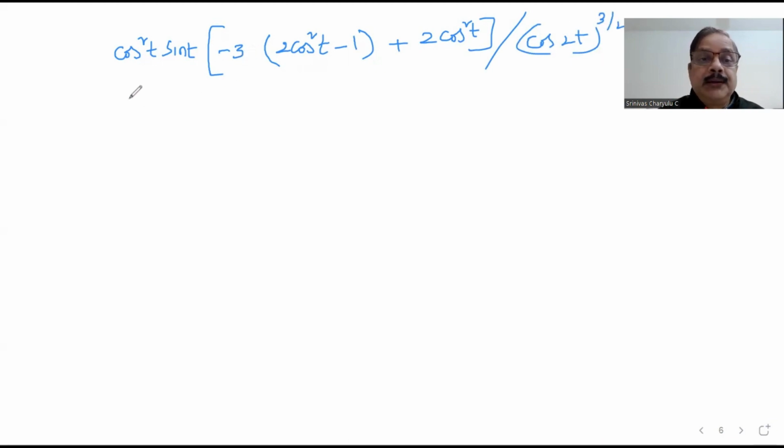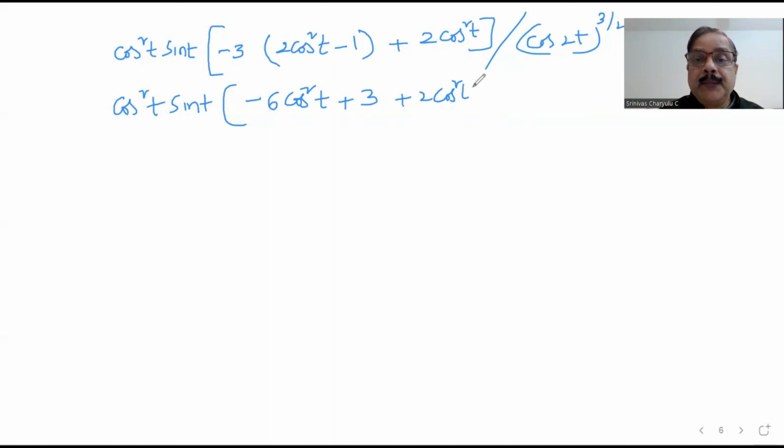So then what we do? We repeat same step, but we multiply with minus sign. Minus 6 cos square t plus 3 plus 2 cos square t, whole thing divided by cos 2t whole to the power of 3 over 2. So here once more we'll repeat cos square t sin t.